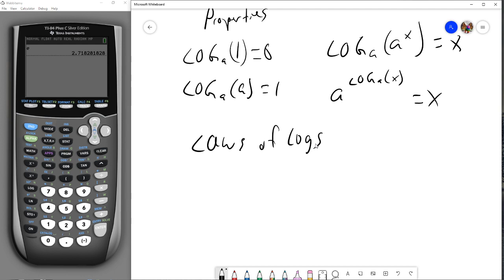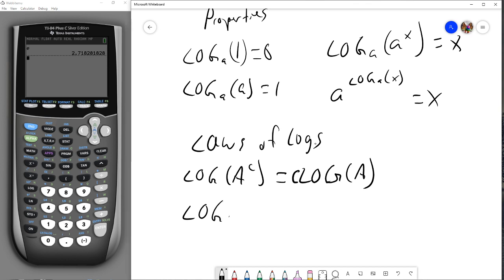We also had our 3 laws of logs, where if we had log of a to the c, that was equal to c times log of a. Doesn't matter what base. If we have two quantities multiplied inside a log, we can turn it into a sum of logs.